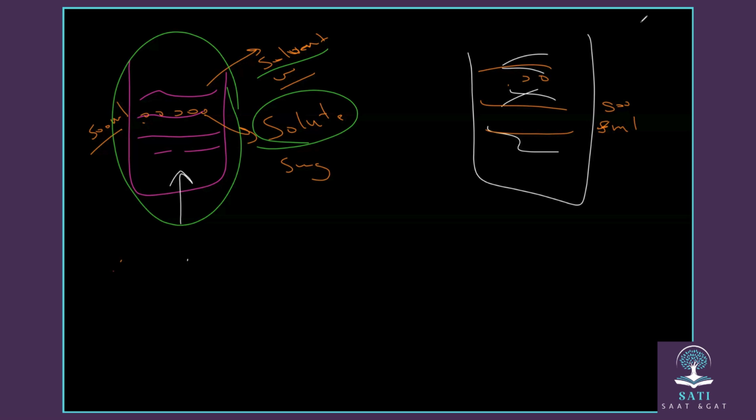This amount, we need to know exactly, and it will be given as a number in order to distinguish between the solutions. So we have four main ways to get this concentration as a number. And when I mean concentration, that means the amount of solute particles inside the whole solution, or the amount of solute particles inside the solvent alone.